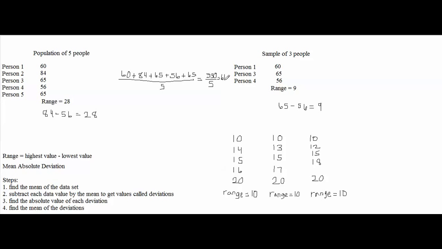So the mean of the entire population is 66. Right here I'll write data, so we remember that this is the set of data. Right now we're going to subtract each data value by the mean of 66.